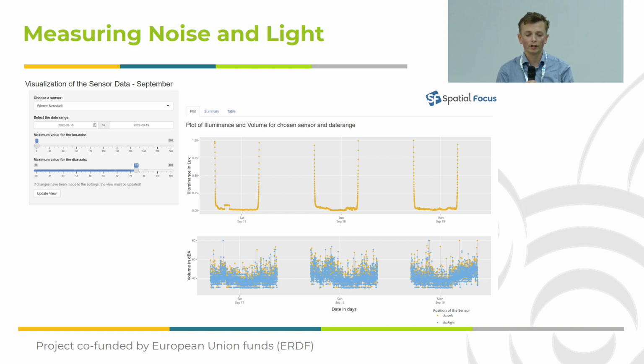For example, also in the light part, where we have a very low light situation in this first part of the graph, and then we have some outliers for a few minutes or maybe half an hour or so, where we recorded some significantly higher light levels. That would be also something where we could then maybe look at the camera traps and see what happened there.